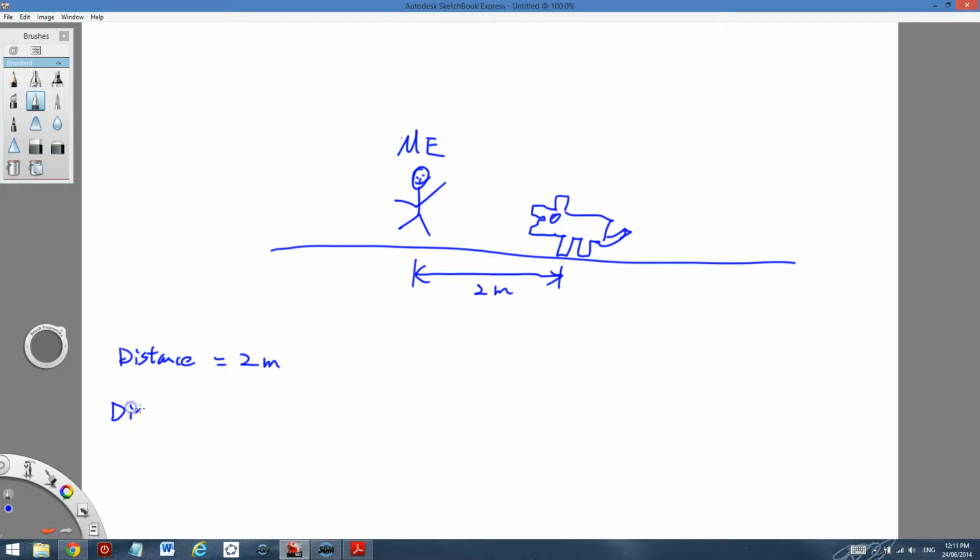That's basically a displacement, because it has a value, it has a unit, and also a direction. Okay, 2 meters right. That's one example.